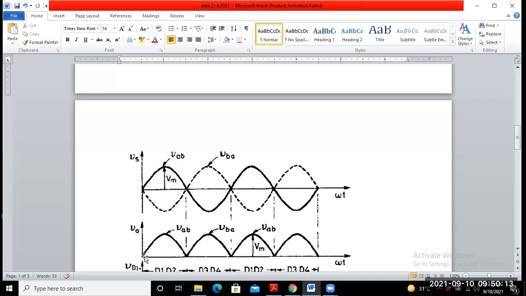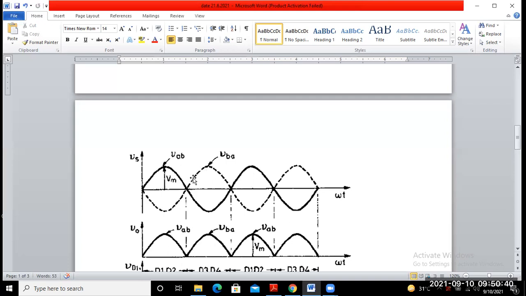So you obtain the same output voltage waveform as the input supply voltage waveform from 0 to pi, is it not? So this waveform is the same here for the output voltage, that means VAB. And from pi to 2 pi, the voltage VAB is indicated here by the dotted line.